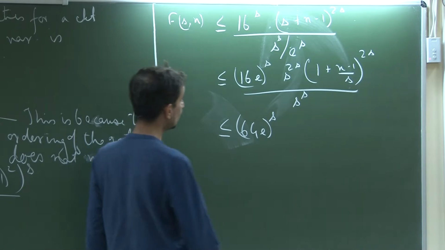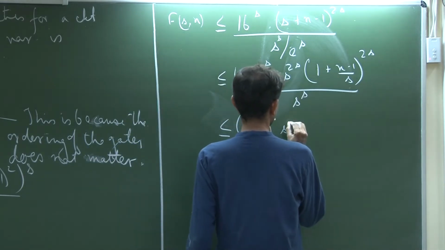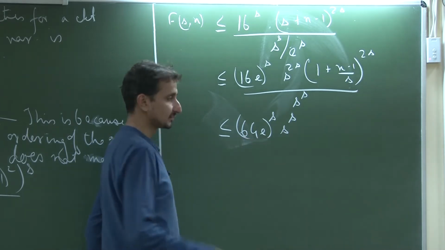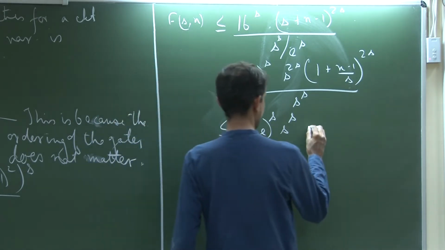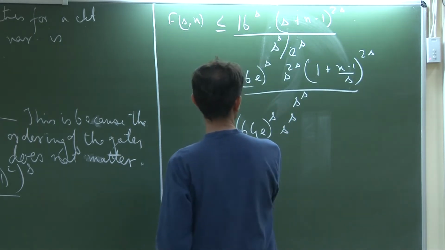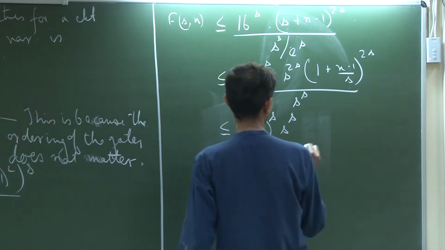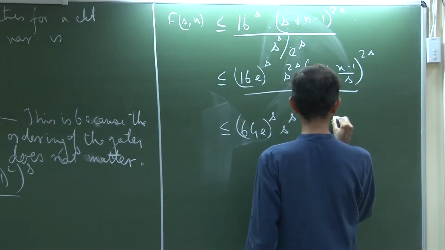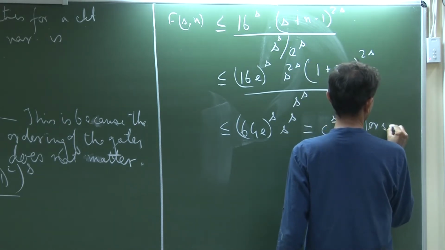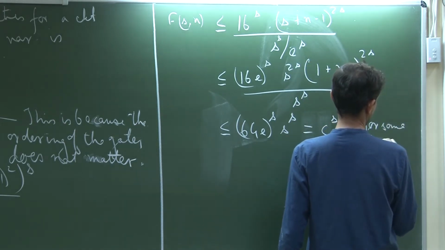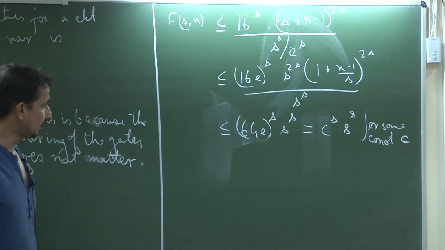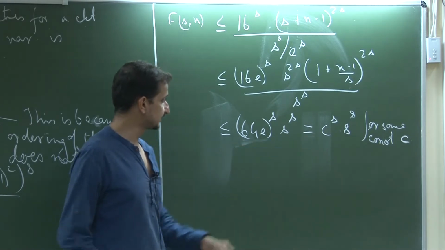And now, this is s to the power s. So, this is a constant 64 e. This is less than or equal to c to the power s times s to the power s for some constant c.